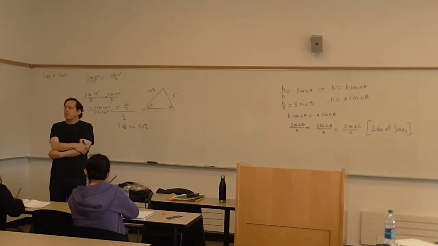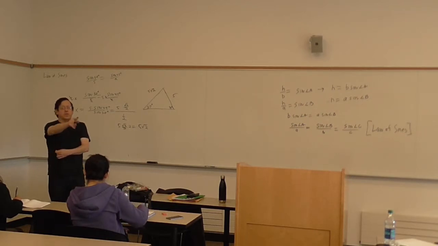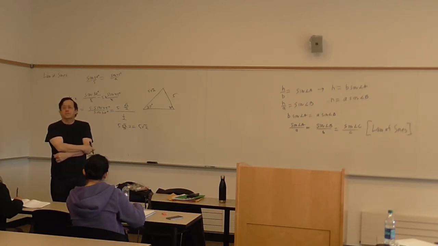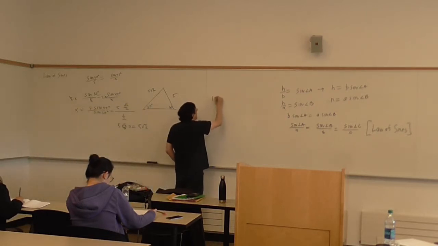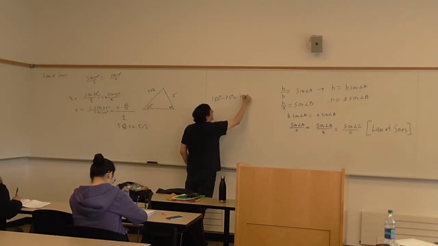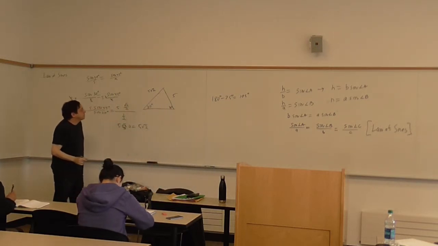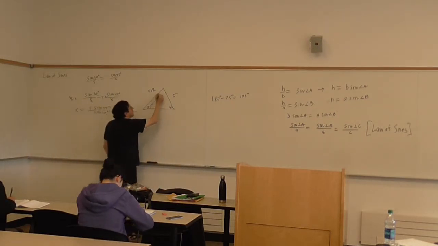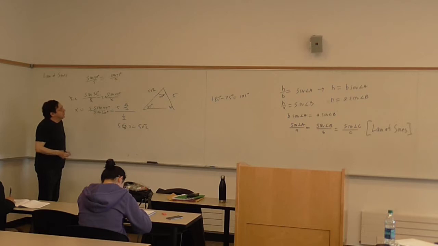How about someone in the third row? Subtract 180 by 75. 180 minus 45 plus 30, 75, is 105. Okay. 105.